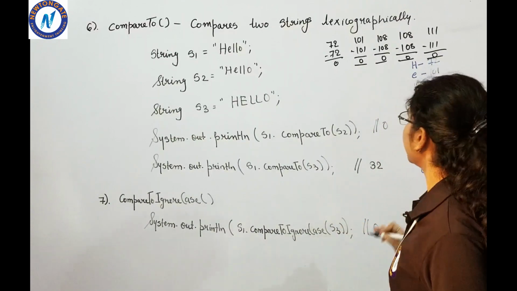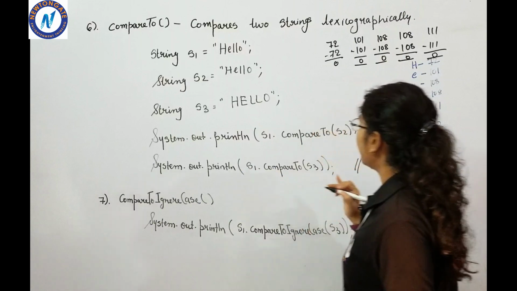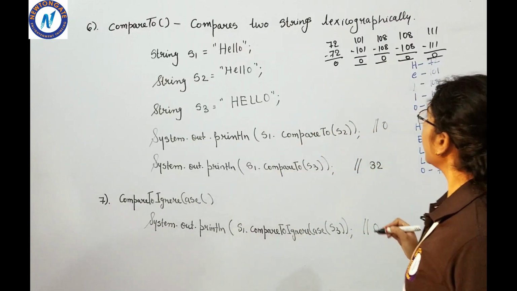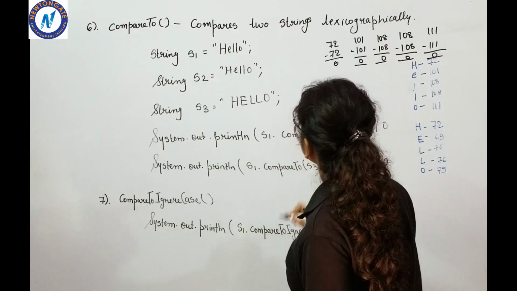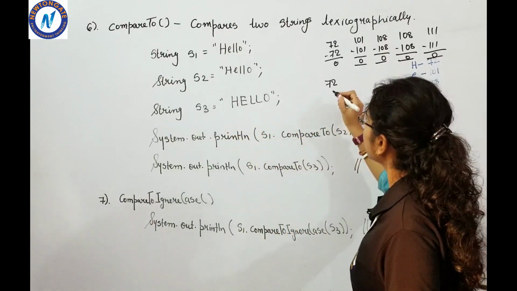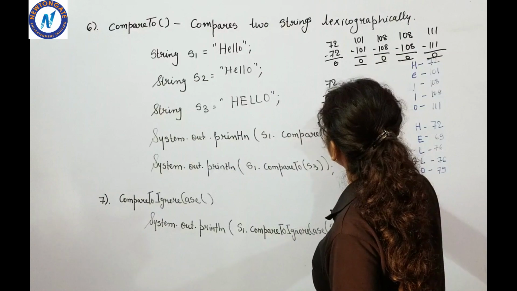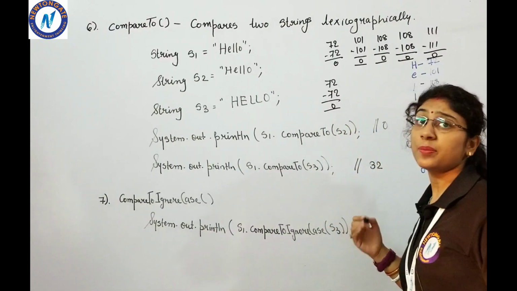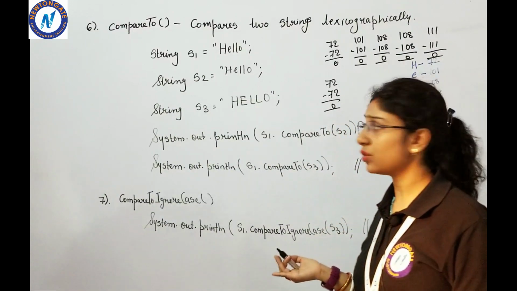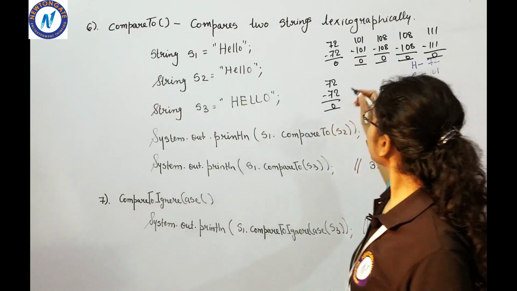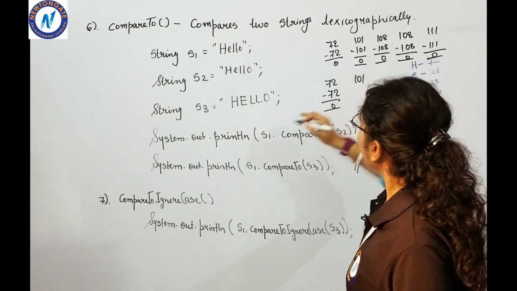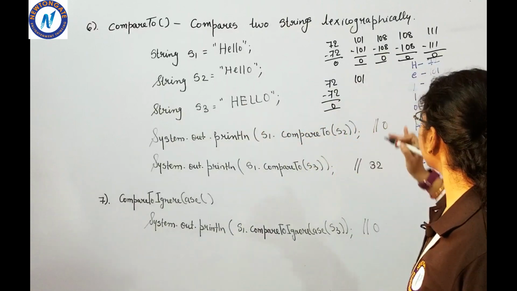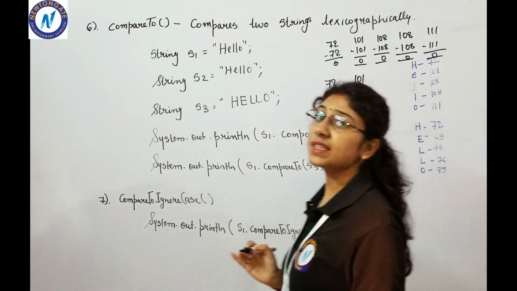Okay. Next one, s1.compareTo(s3). Here s1 is hello, with H as 72, and here also capital H, so it is 72. When we subtract both of them, we get 0. Now next is small e, which is 101, but here capital E is there, and the ASCII value of capital E is 69.